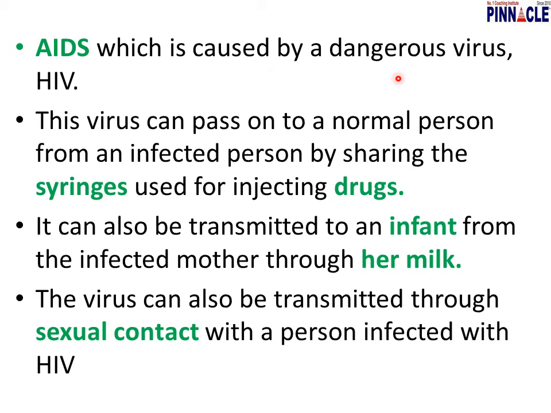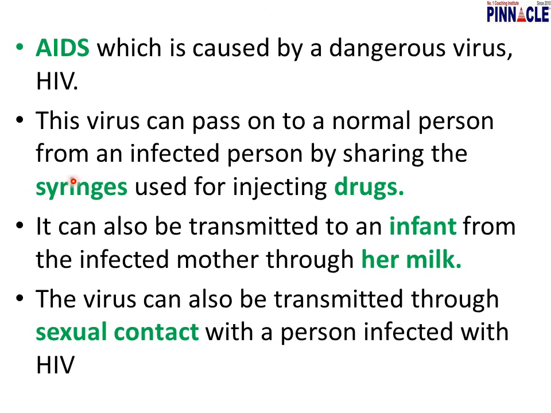Because it is a very dangerous virus, and those who are ready for sexual reproduction must understand the danger of the HIV virus. This virus can pass from an infected person to a normal person by sharing syringes used for injecting drugs. So one method of transferring this virus to another person is the syringe.